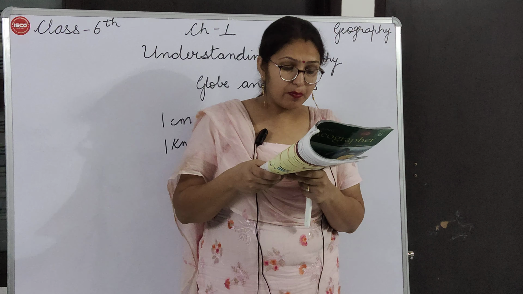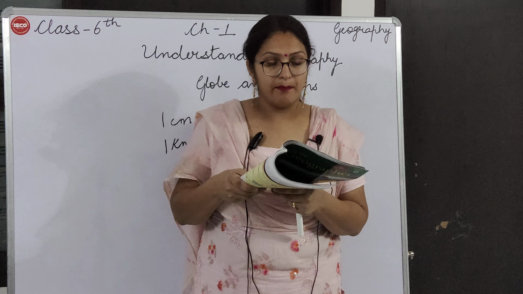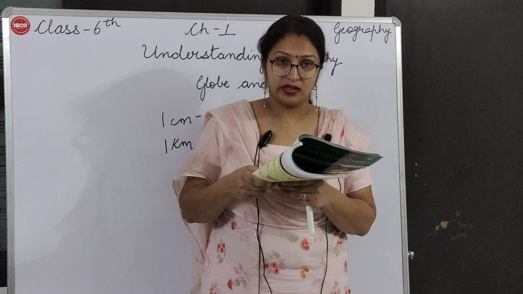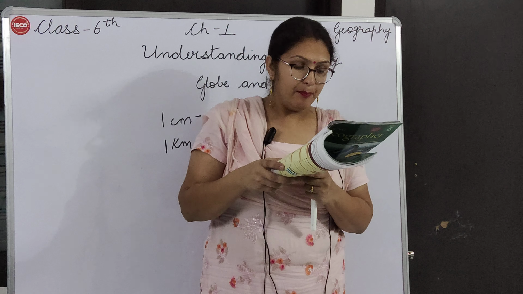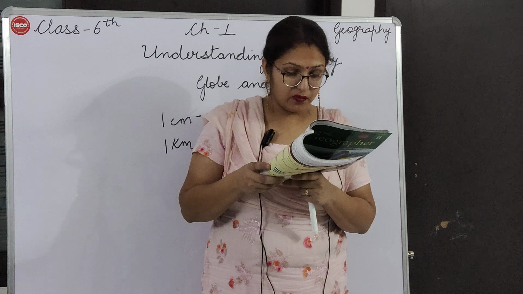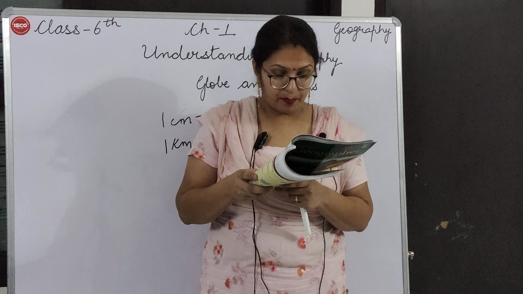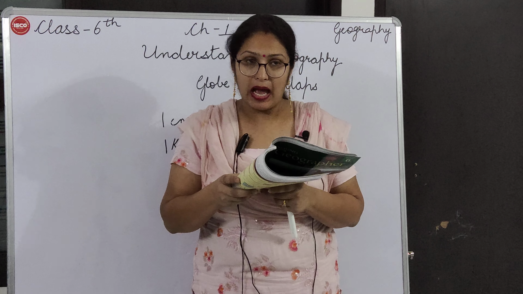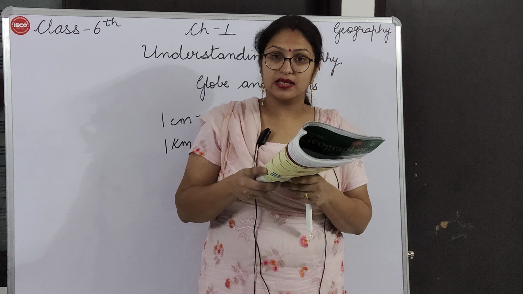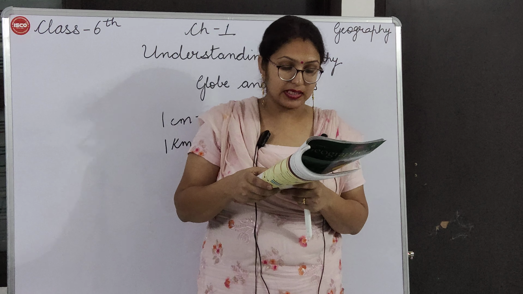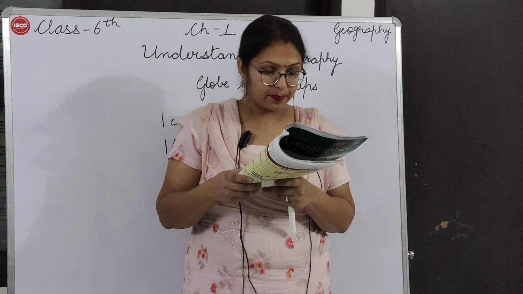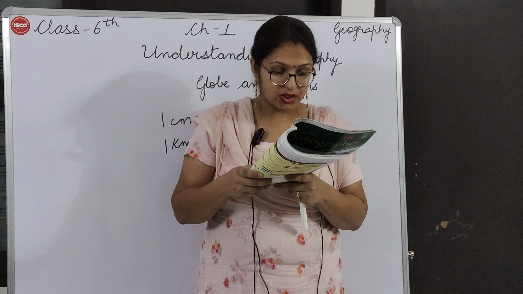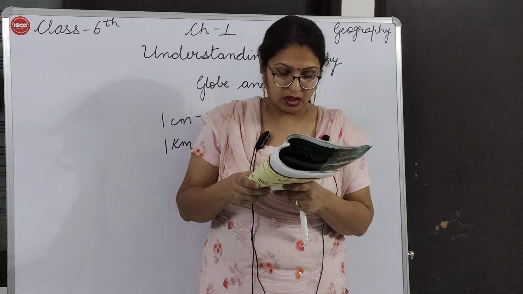Map keys are often boxes in the corner of the map. The information they give you is essential to understand the map. They include symbols or colors to represent various natural and man-made features on the map.